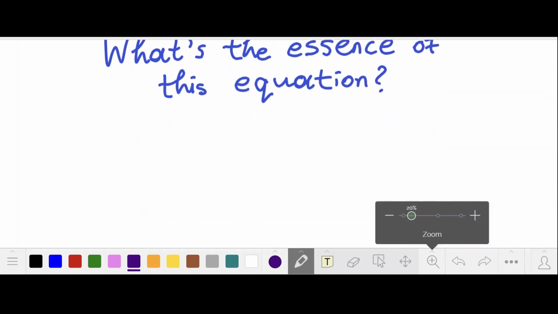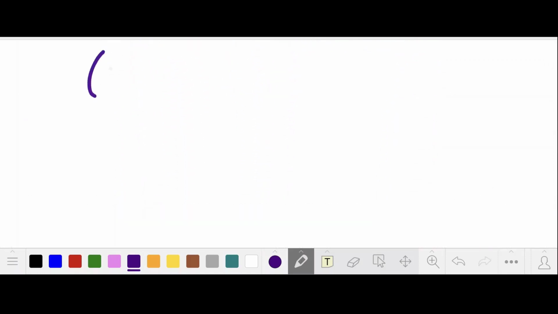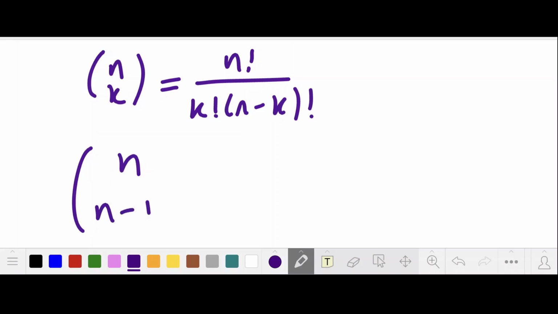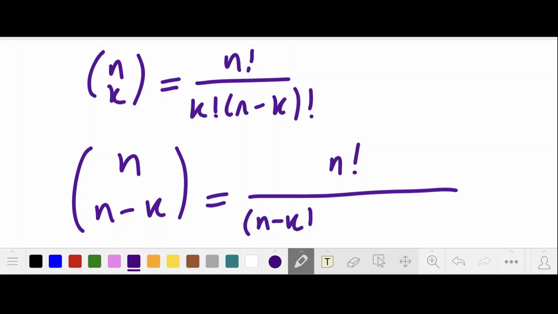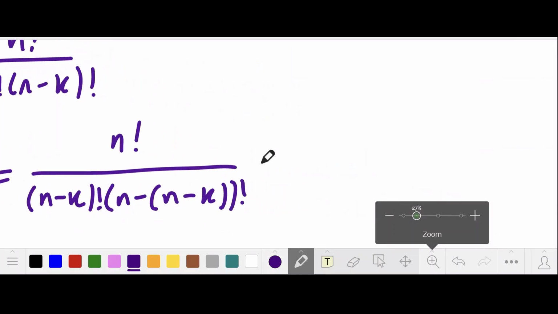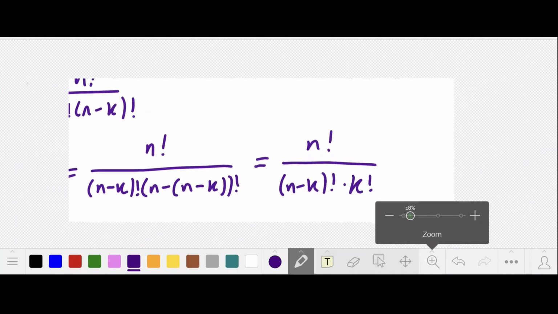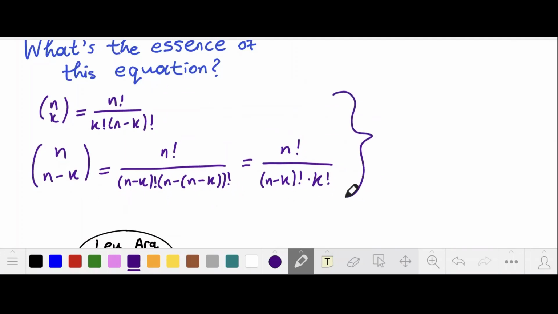So all we have to do is to apply the known formula twice, and we know that n over k is equal to n factorial divided by k factorial multiplied by n minus k factorial, whereas n over n minus k is equal to n factorial divided by n minus k factorial multiplied by n minus (n minus k) factorial, and we simplify this to get n factorial divided by n minus k factorial multiplied by k factorial. So we see that these two are equal and the problem is solved.